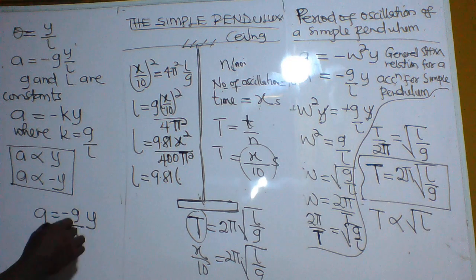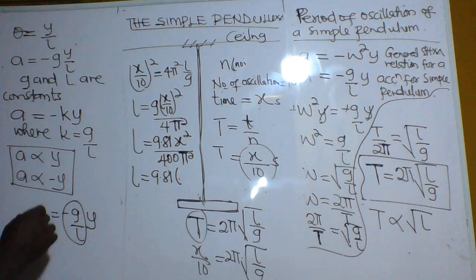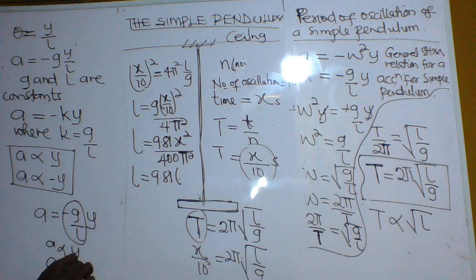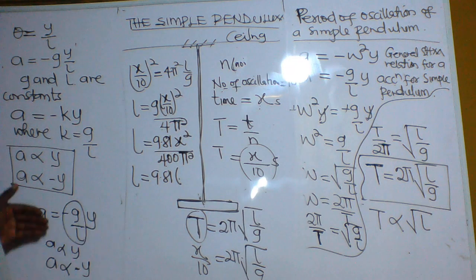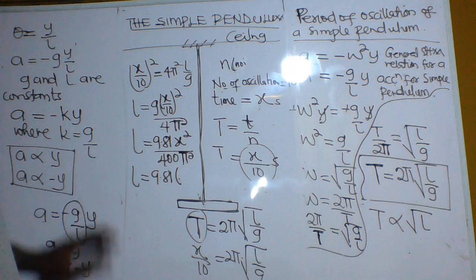Because g is a constant, the length is also a constant. This is the constant part, and so we conclude that its acceleration is directly proportional to the displacement. Its acceleration is always directed towards the mean point or the rest position, which are the two main attributes of SHM.